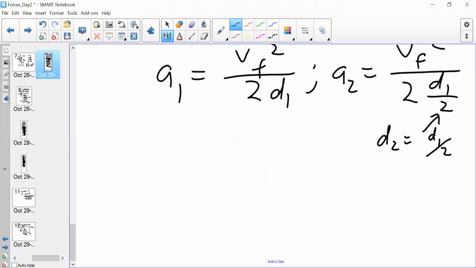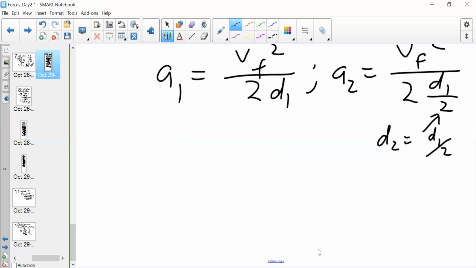And again, the supposition is that V final is the same, and we're going to treat the system as moving uniformly to end at the same time. But that's kind of separate, but contextually valid.